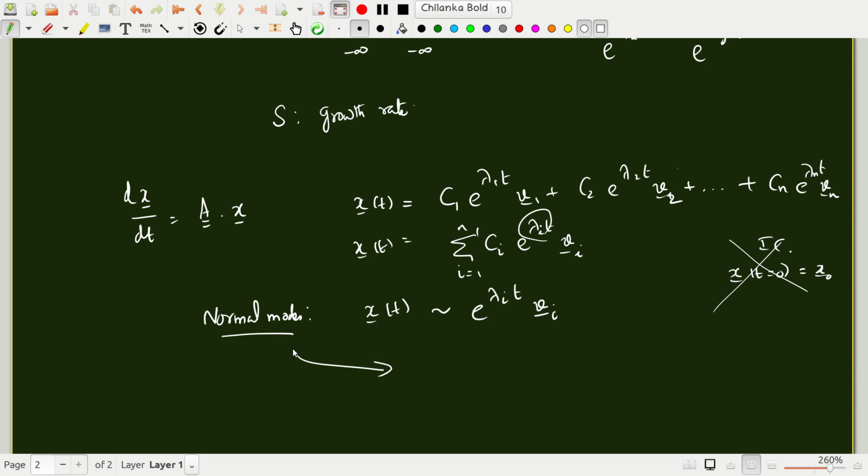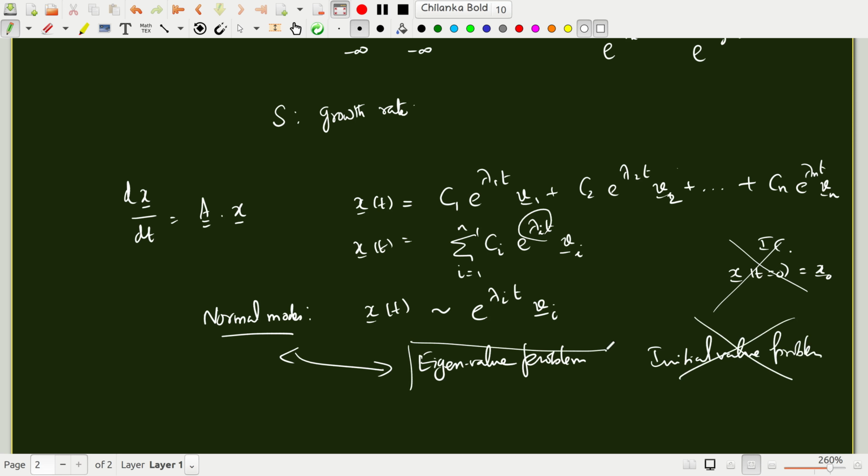So the method of normal modes is equivalent to solving the eigenvalue problem by abandoning the initial value problem. The reason why we abandon the initial value problem approach is because we do not have a precise knowledge of the initial condition. Okay, so the method of normal modes can also be thought of as the eigenvalue based approach.